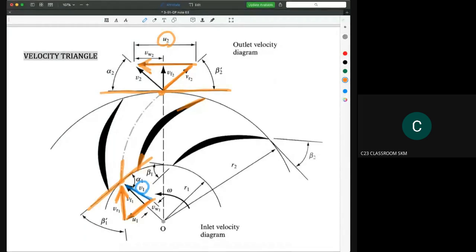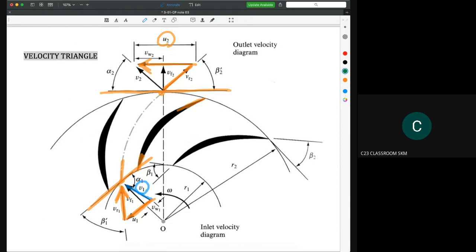So now you could draw your first velocity component: one is VR2, and one is U. However, this triangle cannot help us in solving problems in a centrifugal pump, because it doesn't have any 90-degree, any perpendicular angle.